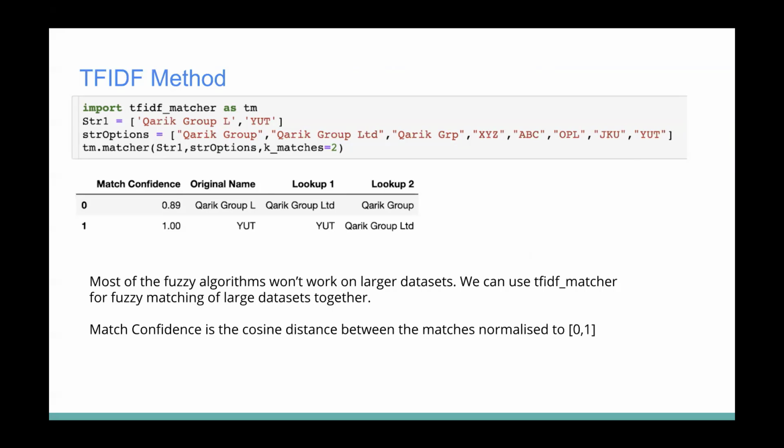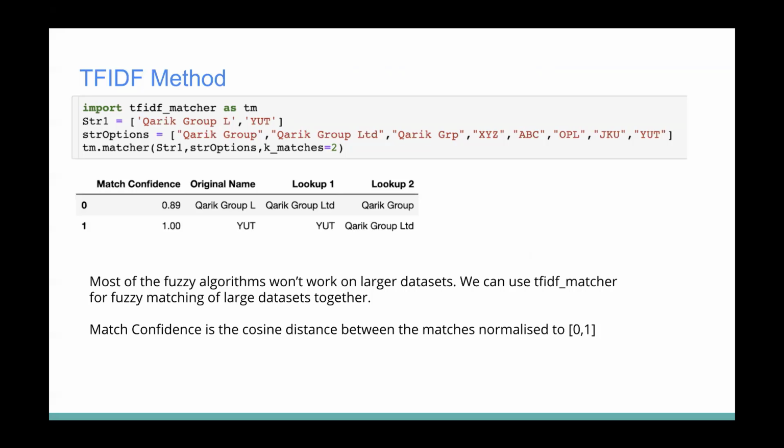And you can see there is a match confidence column here, which is nothing but a cosine distance between the matches, normalized to 0 to 1, 1 being the highest. So this result shows 0.89 for Carrick.